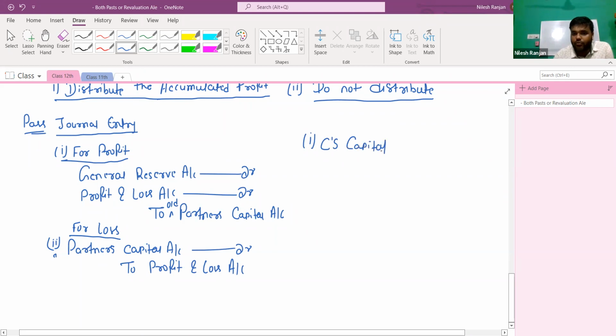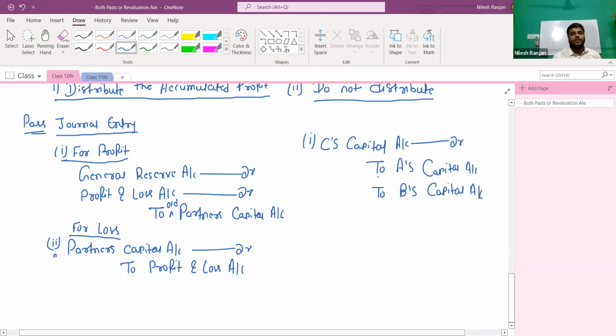Let's say C is the new partner. C is the gaining partner and A and B are sacrificing partners.